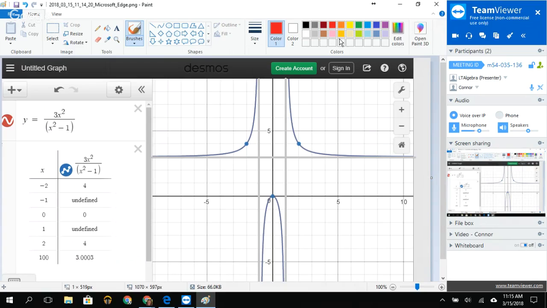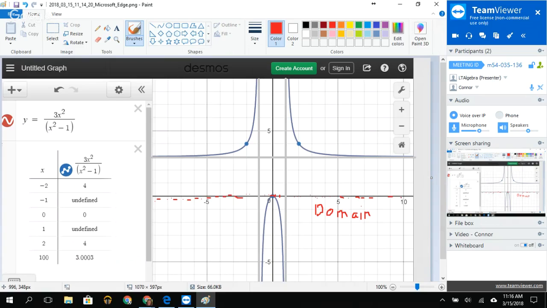The domain is your x values. If I look at this graphically, it looks like x's are good all the way through here. And then when I get to x equals -1, it looks like I have an asymptote. Then x's are good, and then x equals +1, asymptote, and then good again.